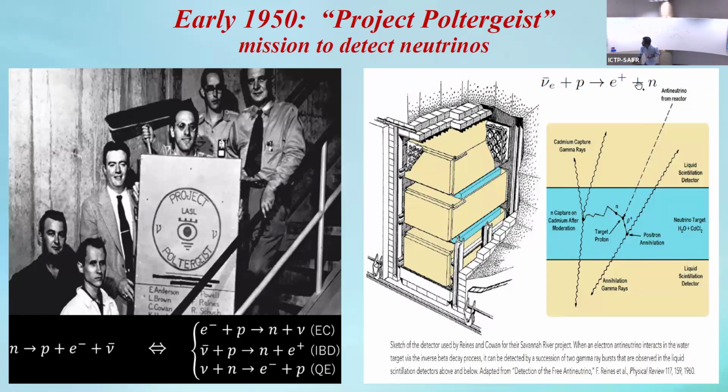But it's also not so easy to detect these types of events. Whenever you produce a positron, you look at the gamma after positron annihilation in the liquid scintillator detector. And how do you detect these free neutrons? Due to a particular characteristic feature, you can. These free neutrons are very hot.